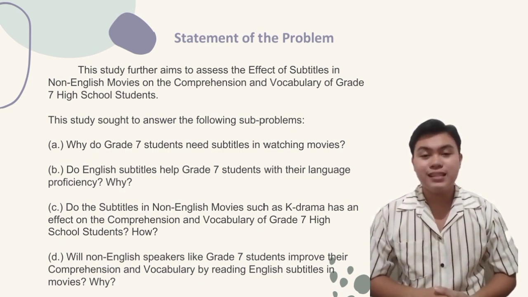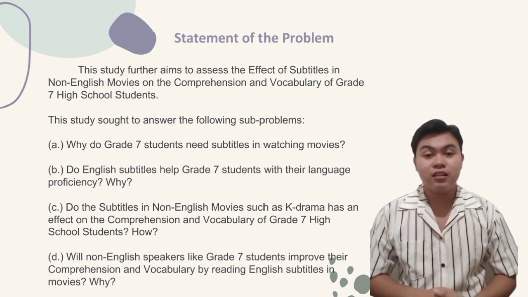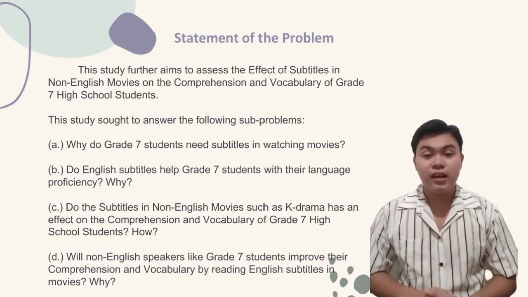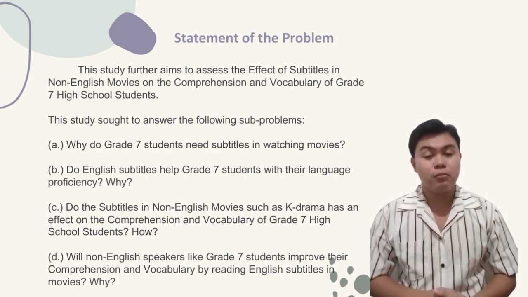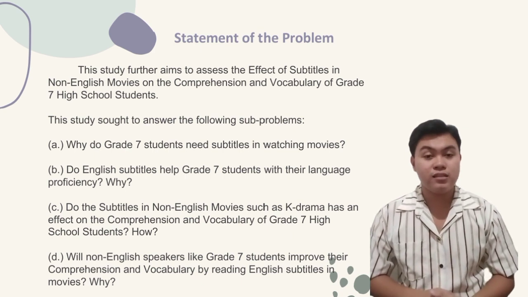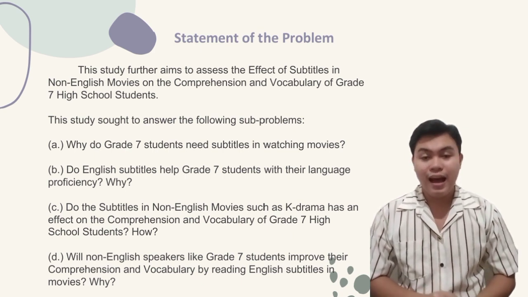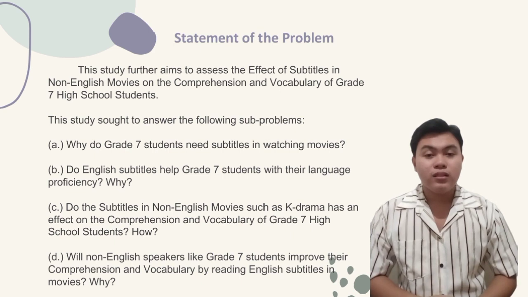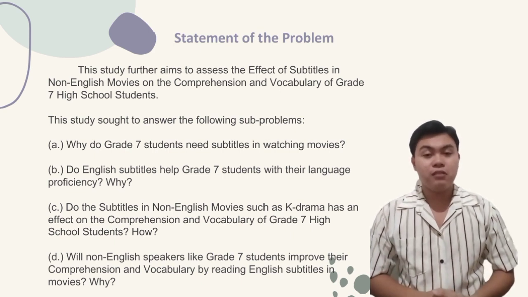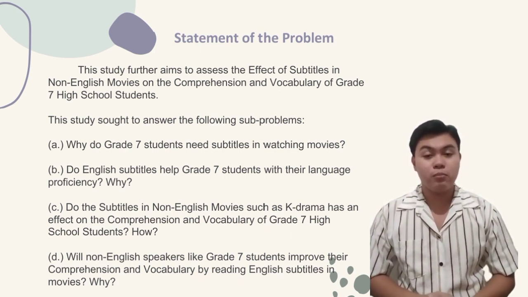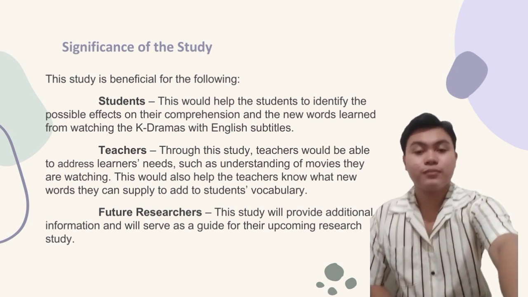Why? C. Do the subtitles in non-English movies, such as K-drama, have an effect on the comprehension and vocabulary of grade 7 high school students? How? D. Will non-English speakers like grade 7 students improve their comprehension and vocabulary by reading English subtitles in movies? Why?